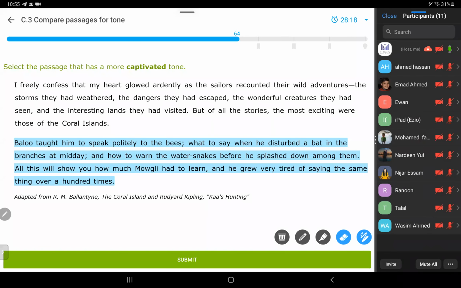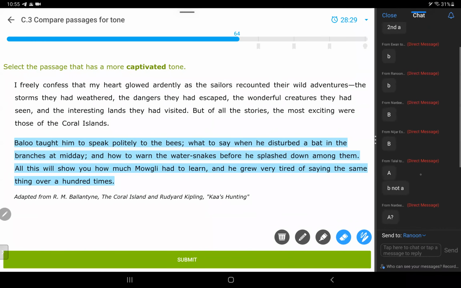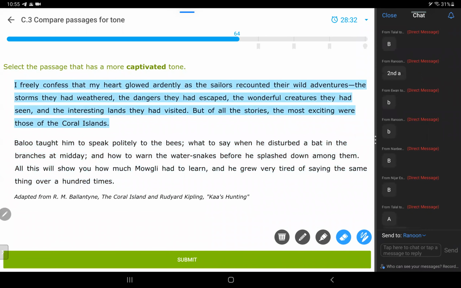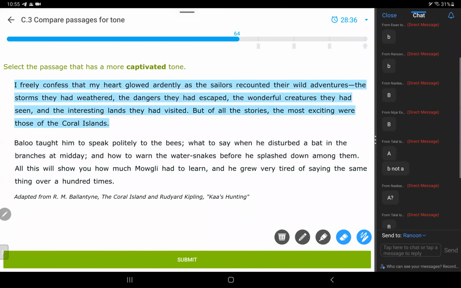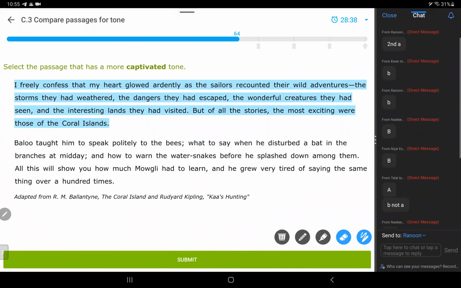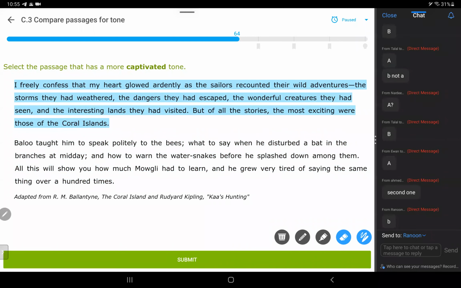What about Ahmed and Wasim and Ahmed Hassan? I wrote in the chat. So actually, just two guys got it, Ewan and Nardine.